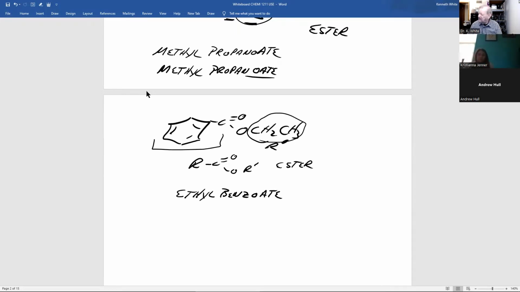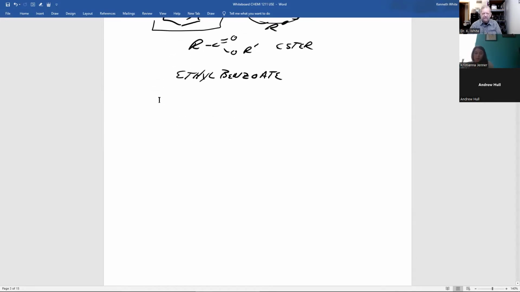And the only time you can't really use the student's method is when R is a benzene ring. Other than that, you can use that method, and I will. This is easier. Actually, I can do both ways, but for you, it's easier.